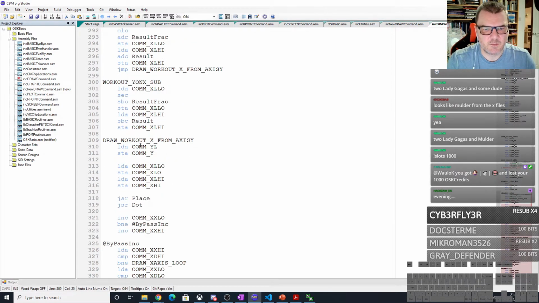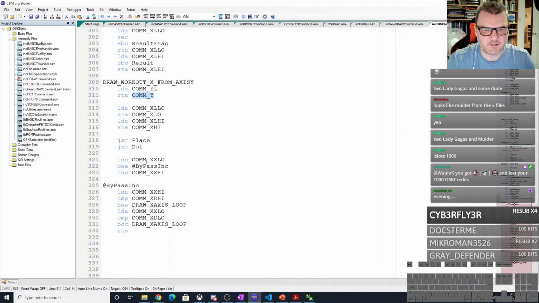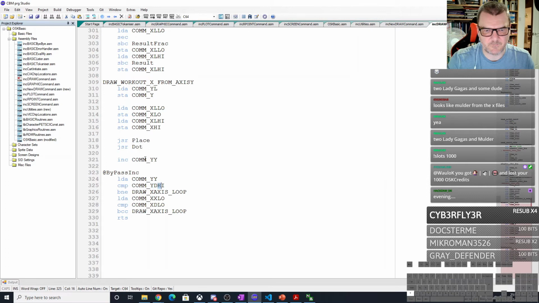So we load com YL into Y, that lot into that, place the dot, then we increase YY. Don't need that. Load YY, compare it with YD, go back to Y loop.